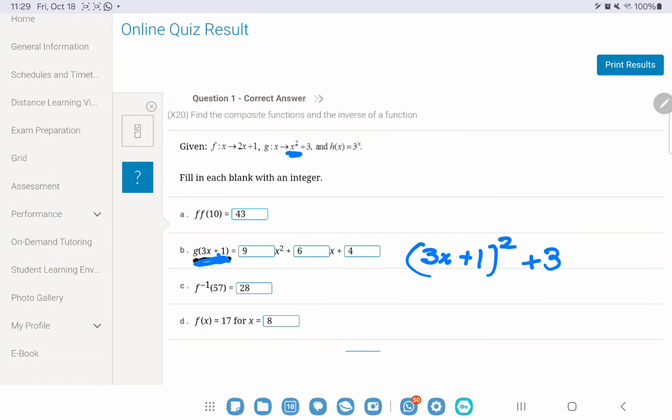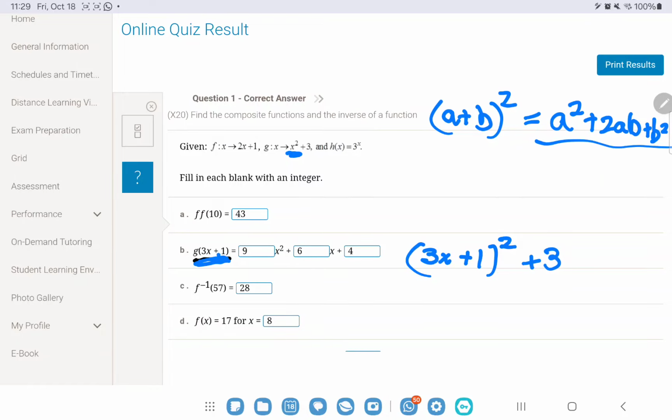Now we need to solve, which means now we need to replace this. This looks like a plus b squared, which we know is equal to a squared plus 2ab plus b squared. So now we need to make it in this form. So a squared is 9x squared plus 2 into 3x into 1.